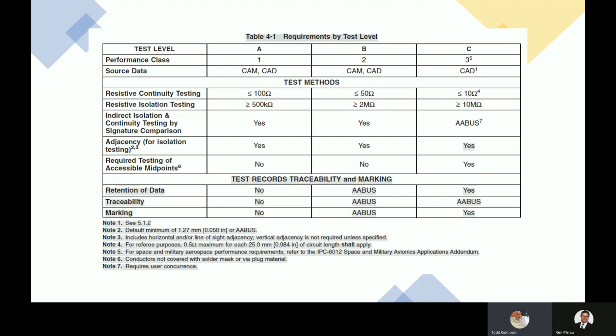You'll notice if you're the procurement person for those documents, there's also what's called a 6012 DS, or also a 9252 DS. In the original specification 6012, there was an appendix that said exceptions for military and space avionics.